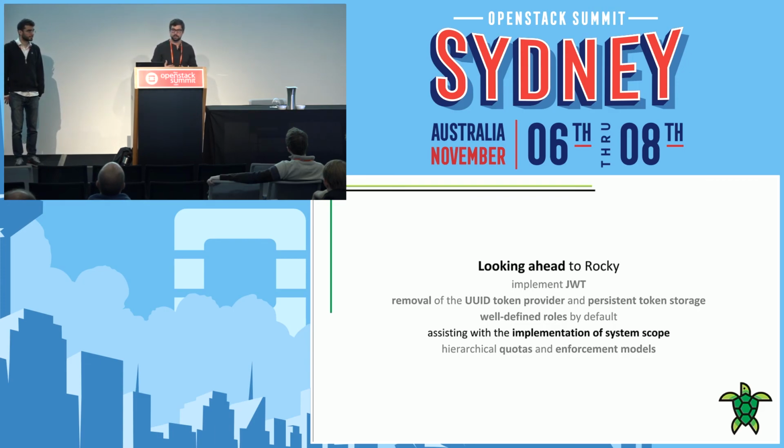Then building on the implementation of system scope, Keystone's really just an information point. We're just emitting this stuff and it's going to be ultimately consumed at the service, especially since policy enforcement is enforced at the service at Nova, Cinder, Neutron, Glance. We need to make ourselves available to those projects if they need help understanding what that means and how that affects their APIs.